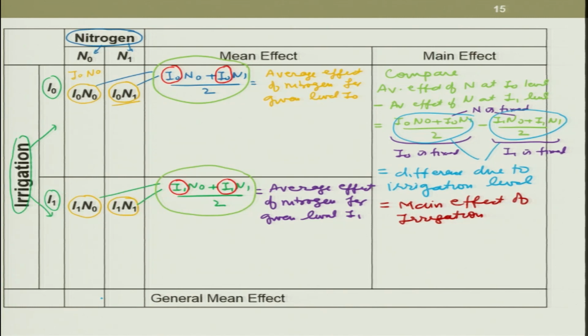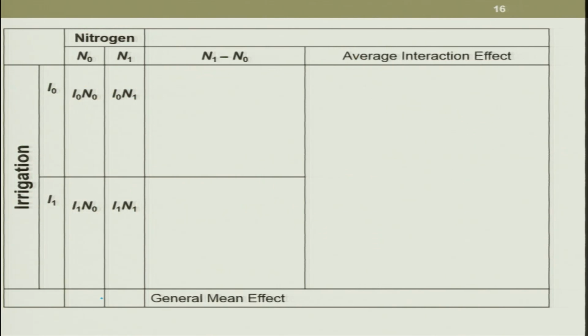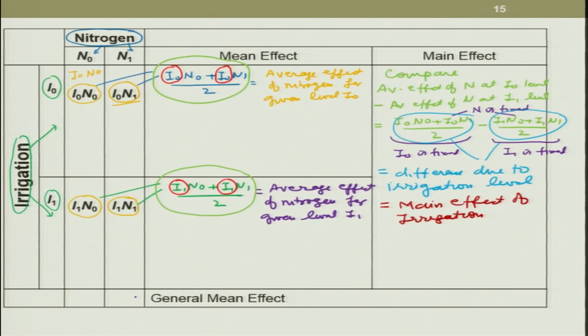Suppose I have two factors, A and B, and suppose this nitrogen is my factor A and this has two levels which are denoted here by A0 and A1. So, I will denote this N0 as A0 and N1 as A1.